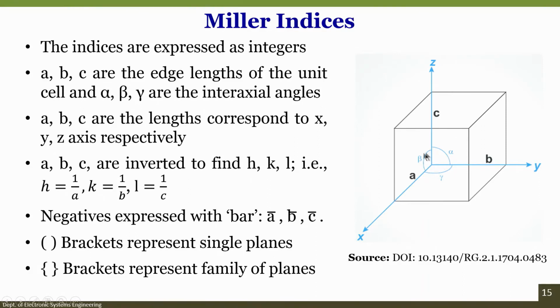A, B, C are inverted to find the HKL plane. I will just show it to you. And negatives are expressed with a bar, as A bar, B bar or C bar. This kind of bracket is represented as single planes, while the curly brackets represent the family of planes.